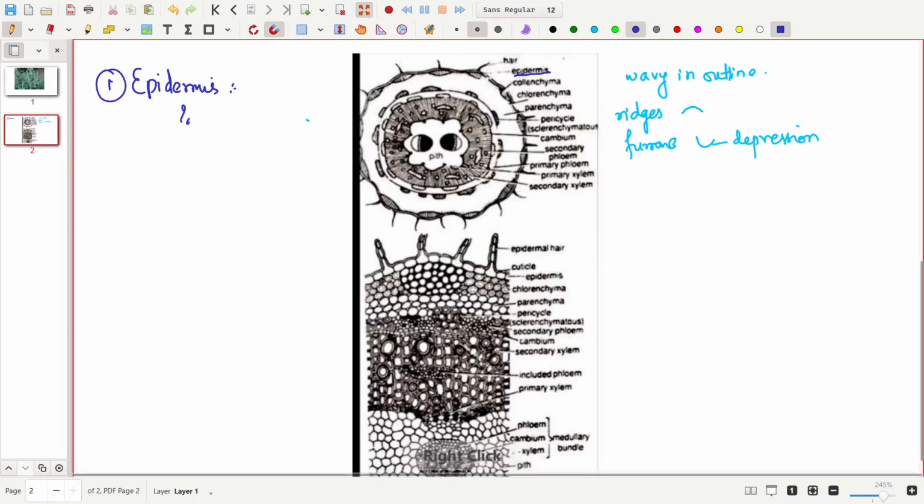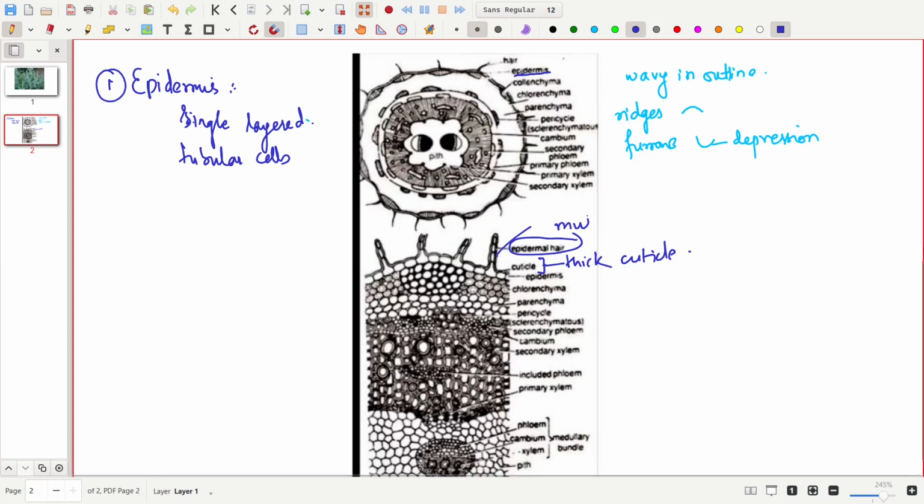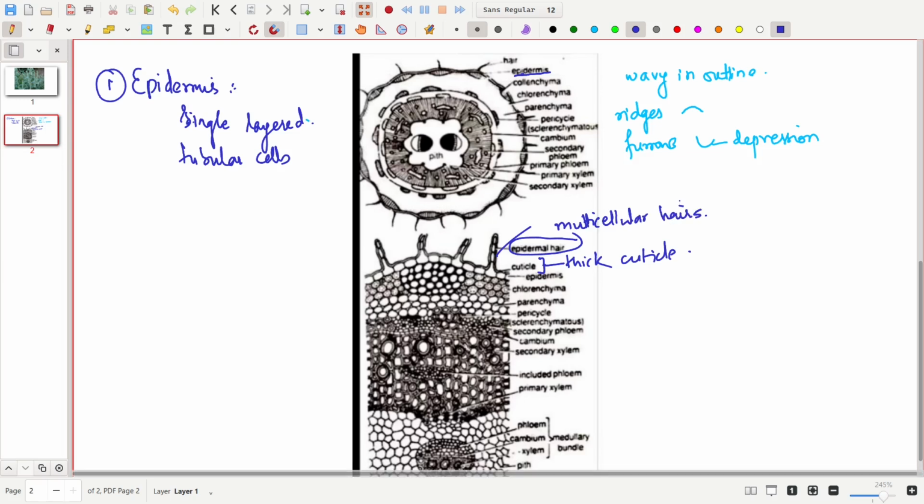The epidermis is a single layer that consists of many tubular cells, and they are covered externally with a thick cuticle. There are epidermal hairs as well, sometimes multicellular also. So this is all about the epidermis.